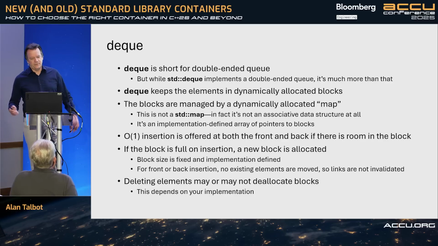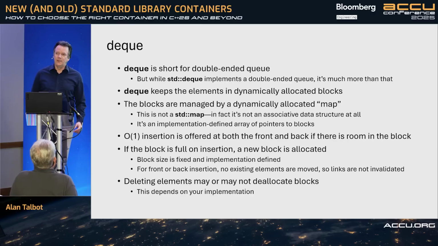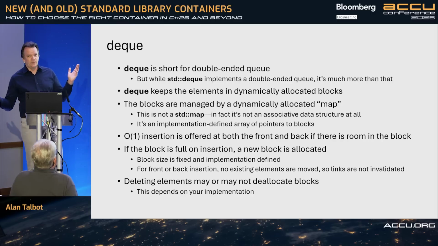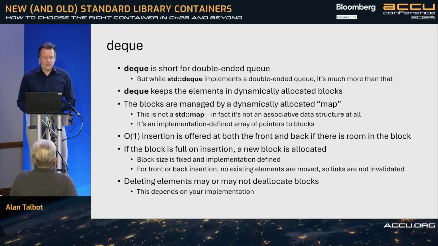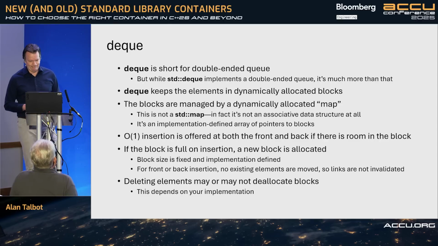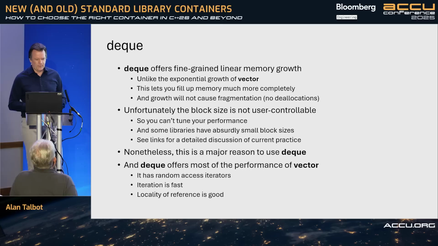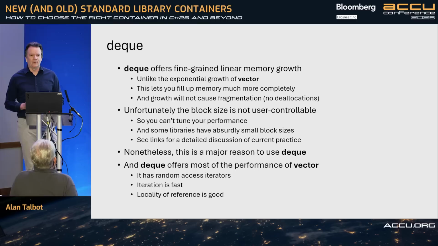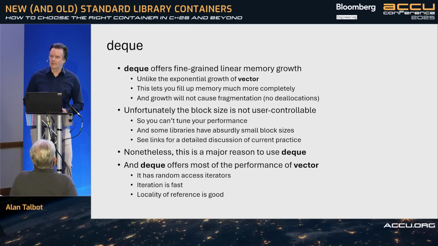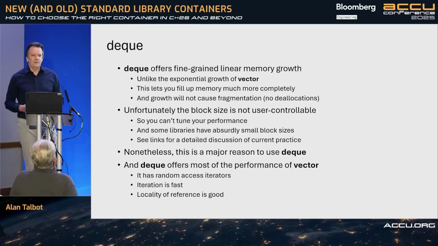Order one insertion if there's room. If there's not room, you get a new block that nobody's moved. So that's really nice. Deleting all the elements in a block may or may not free it. That depends on your implementation. But what's really great about deque is it offers fine-grained linear memory growth, right? You can fill memory up with it.